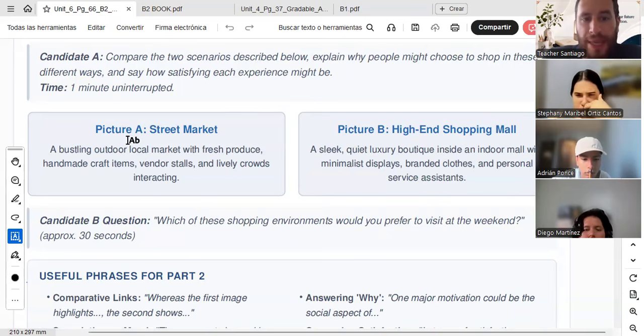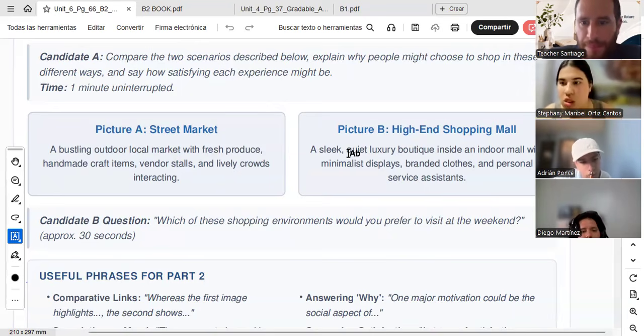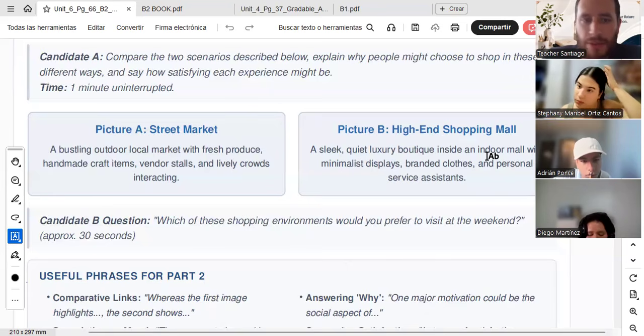So picture A, we don't have a picture, but we have the description: a bustling outdoor local market with fresh produce, handmade craft items, vendor stalls, and a lively crowd interacting. Picture B: a high-end shopping mall, sleek, quiet luxury boutique inside an indoor mall with minimalist displays, branded clothes, and personal service assistance. Diego, what do you think?